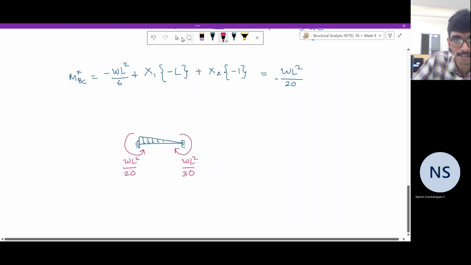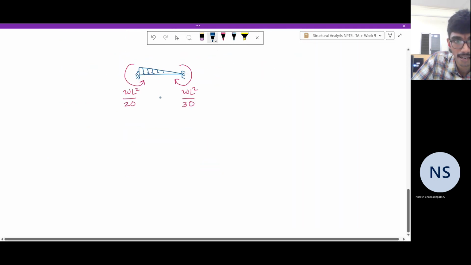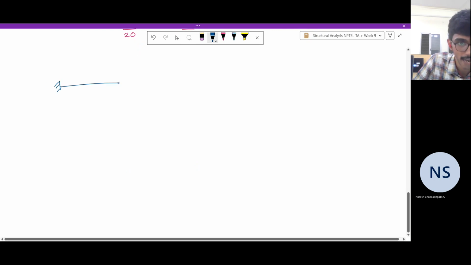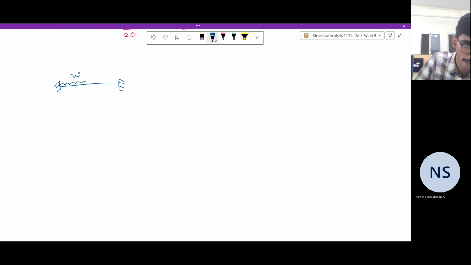Fixed end moments. In the first case, we have this span loaded up to half of it by a uniformly distributed load of W. So let me consider a primary structure like this. I have released the end moments, and this results in a primary structure, which is a simply supported beam, statically determinate and stable.